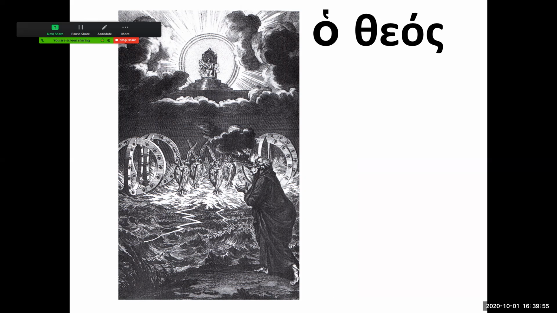Now, most of the words in the first vocabulary list in chapter 1 are proper names. Theos is in the Bible often a proper name. We address God, the only one and true God, and that is then a proper name. But you need to remember that theos can also be used in a generic sense. It can even be used in the plural, theoi, gods. So it is not necessarily a personal name, although it often is.